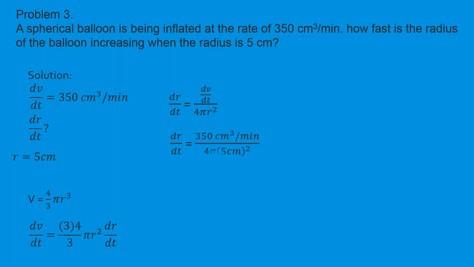Then we can now use the equivalent quantity for dV over dt, which is 350 cm cubic per minute. So simplifying, we get dr over dt is equal to 1.115 cm per minute, no? So that is how the radius increases, with the volume changing at 350 cm cubic per minute.